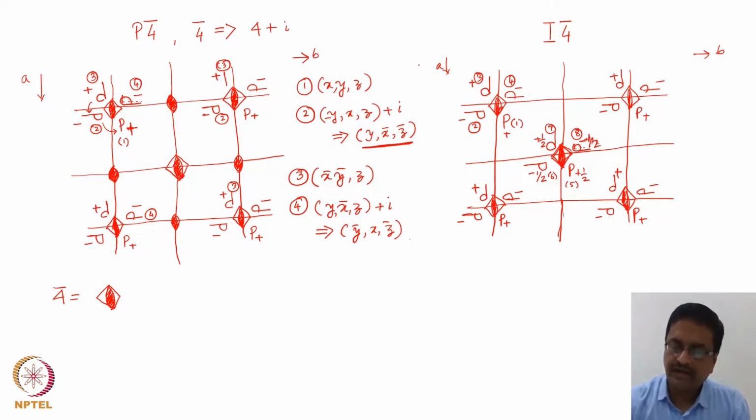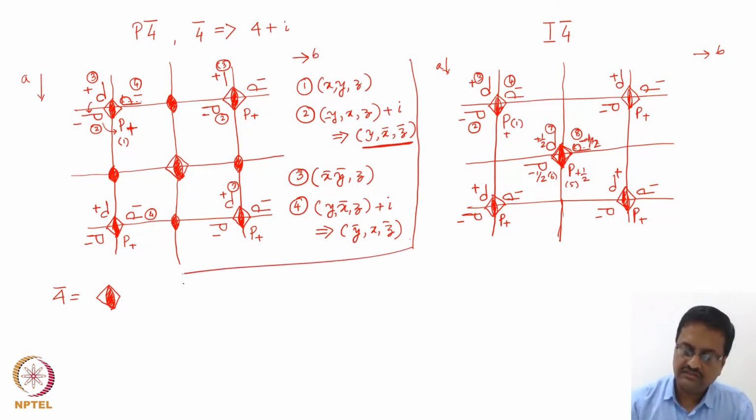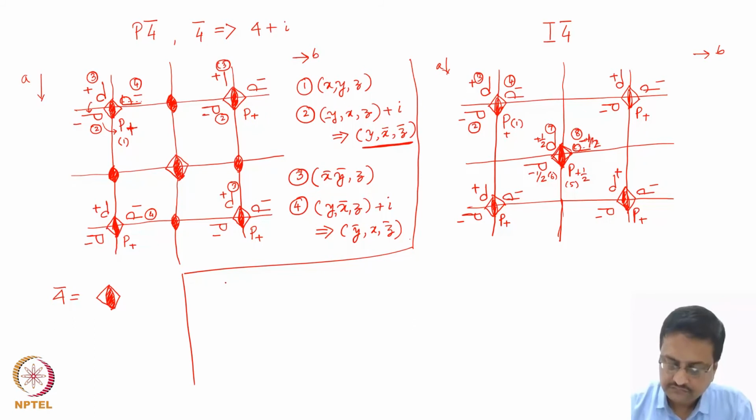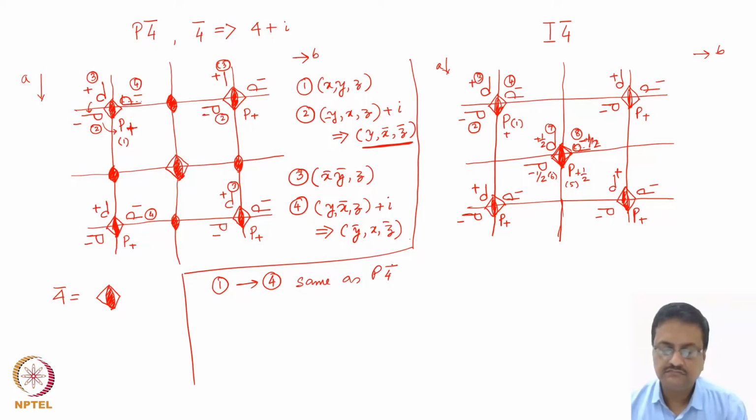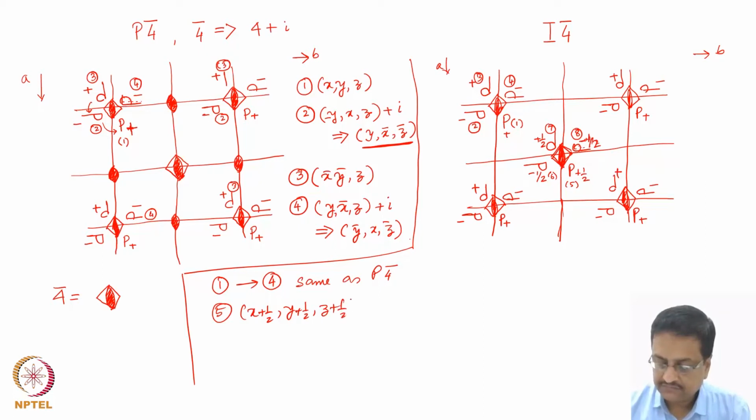So what are the equivalent points for this I4 bar? Point number 1 to 4 are same as P4 bar, and 5 is x plus half, y plus half, z plus half, and then you should follow the symmetry elements and then write down the corresponding equivalent point as you see here.